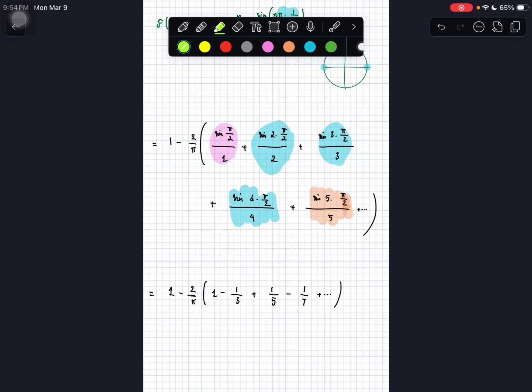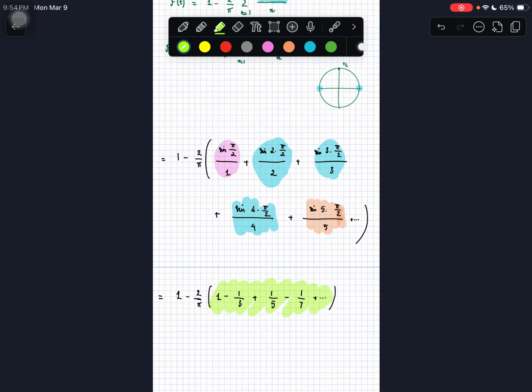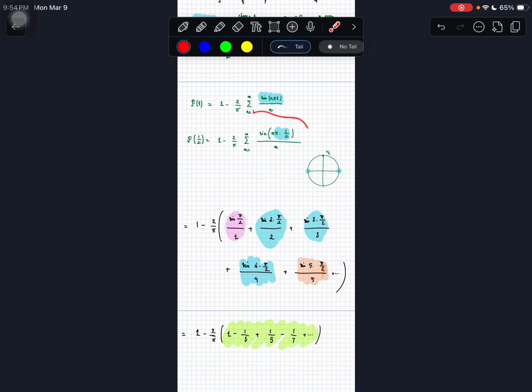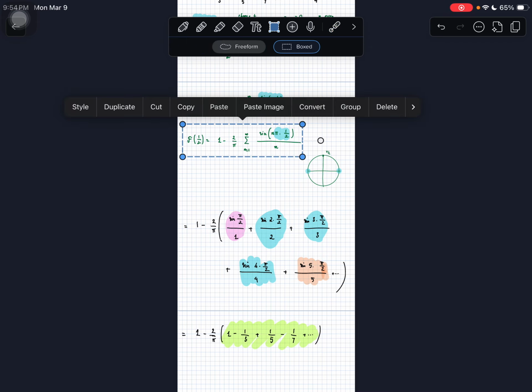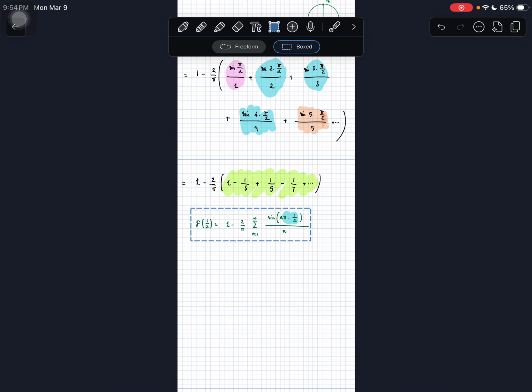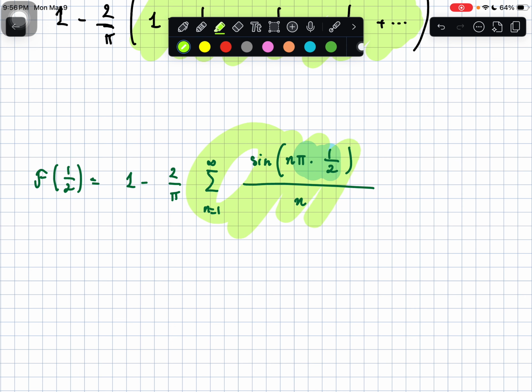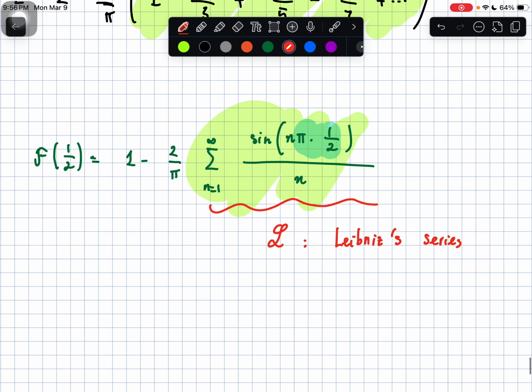These terms are the Leibniz series, which is actually this series. I call it L. So we have the Fourier series at 1 over 2 equal to 1 minus 2 over pi times L.